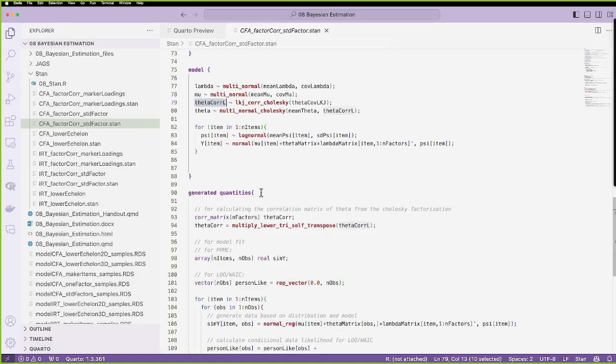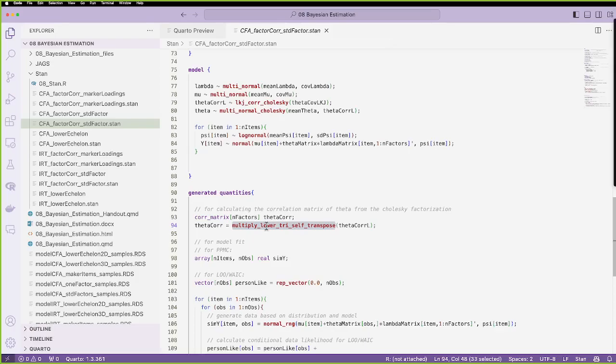This is a block that creates new statistics every step of the chain, and we just multiply the Cholesky factor by its transpose. There's a function, multiply lower tri self transpose. Sounds like I'd name it, it's like a 30-letter name. But that gives us the correlation in the output.